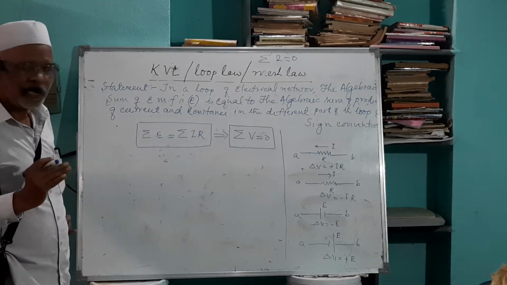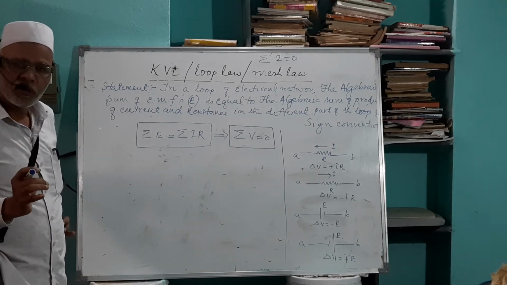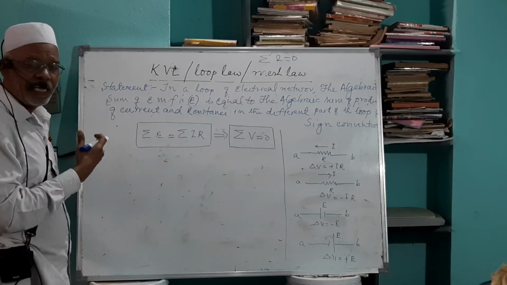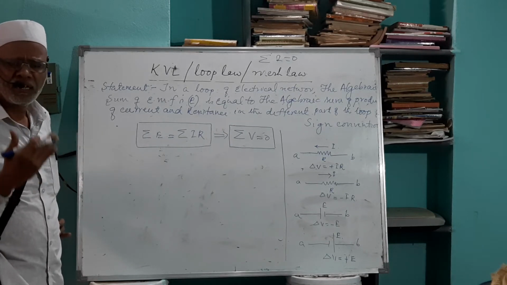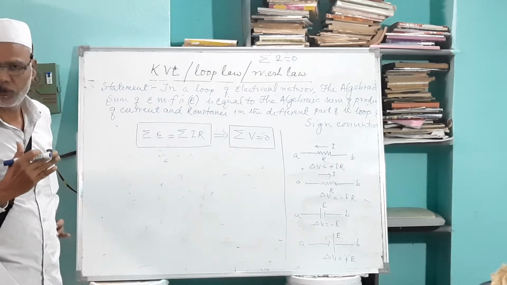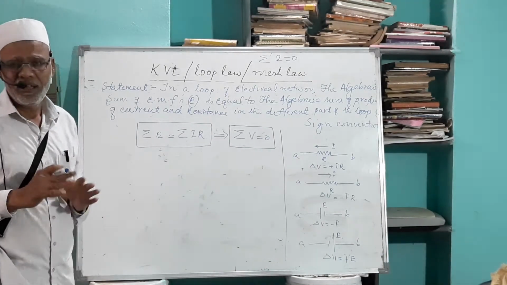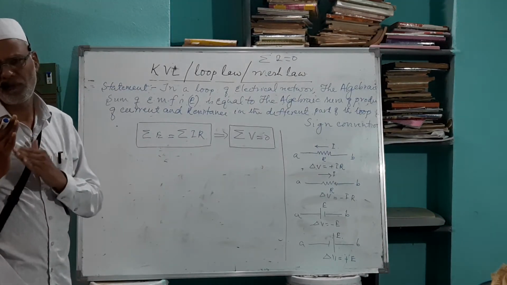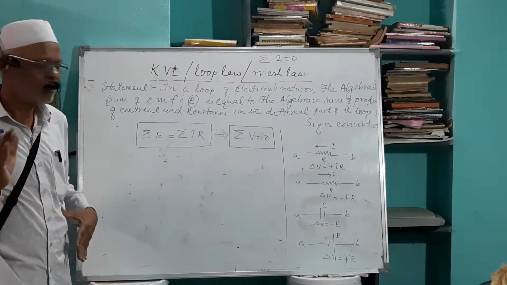So first of all, I would like to construct a complex circuit and see how we can apply the KVL law to it. Let us see how to find the current, resistance and voltage in the different parts of the complex circuit. This is what the analysis means: by using the KVL law, we can analyze the complex circuit, finding the current, resistance and voltage in the different parts of the closed loop.